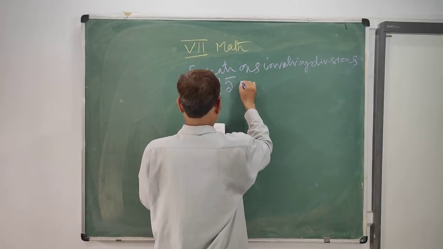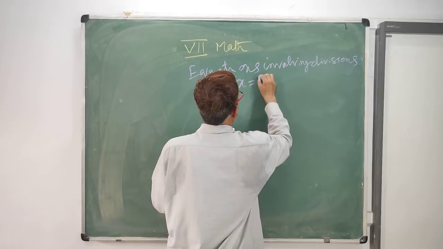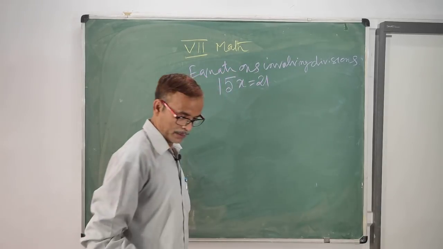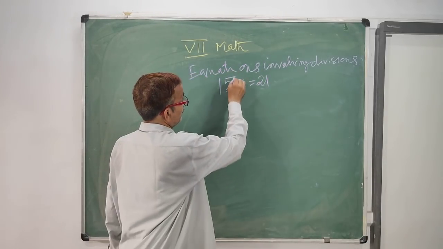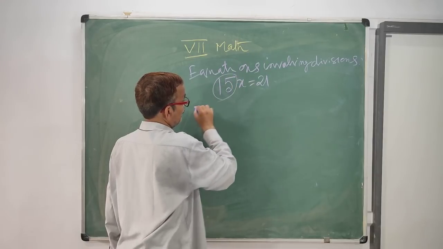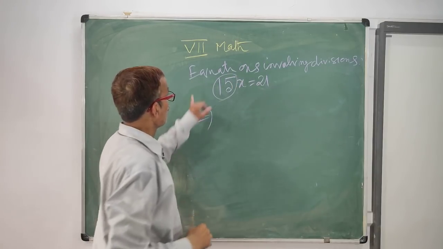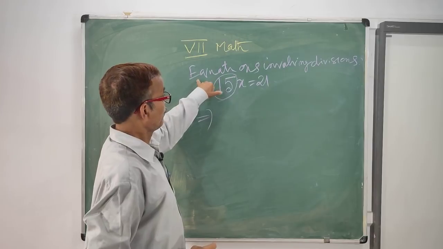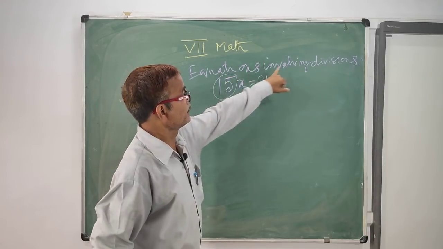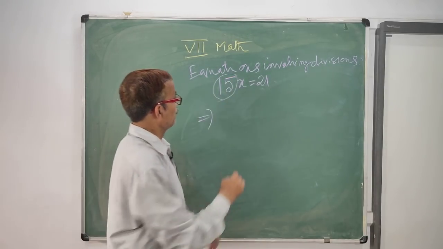Here 15x equal to 21. Here the coefficient of x is 15. So the method is equations involving division.